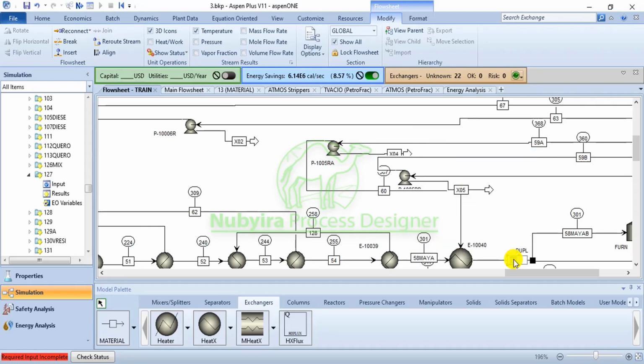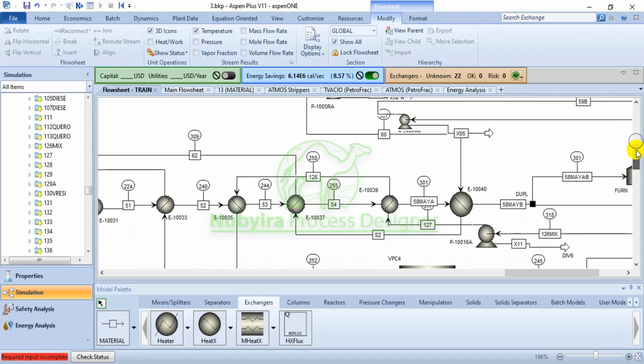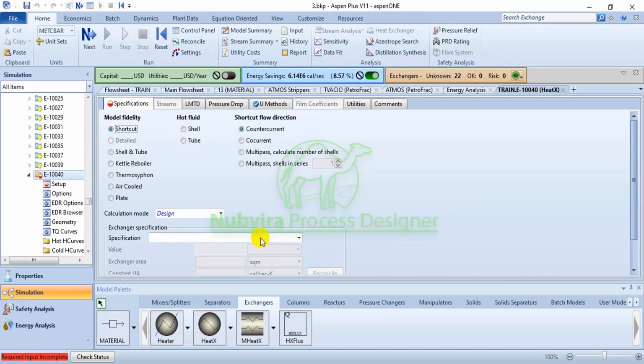I'm going to give it a name, the same common name, so that I can easily distinguish between them. So this is 60B. Okay, so I think everything is set up. The next thing is just to specify the temperature.